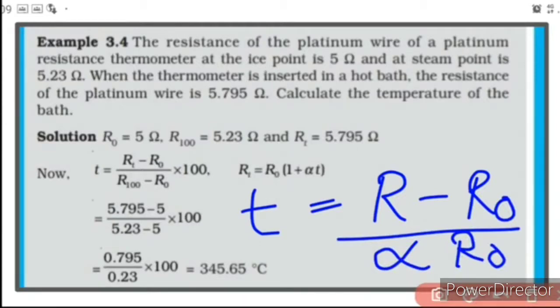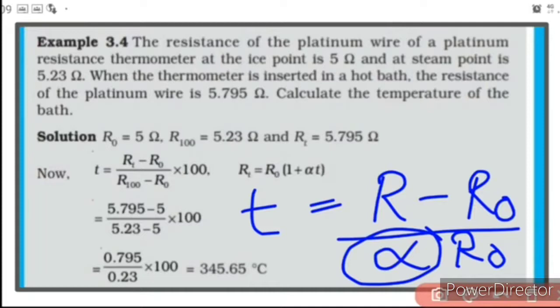In this equation, what do we need to substitute? We need to substitute for alpha. What is alpha? I already stated, that is R100 minus R0 divided by R0 into 100.